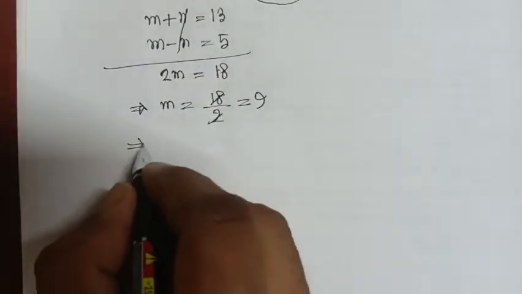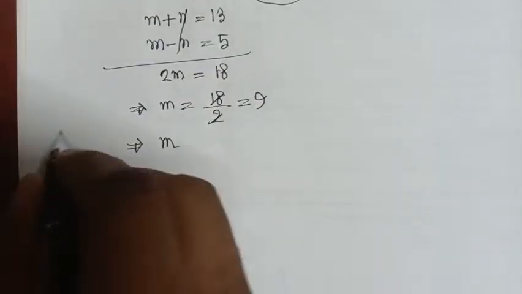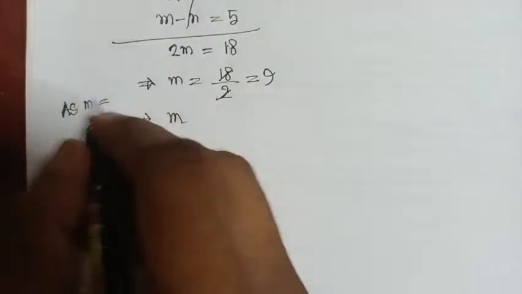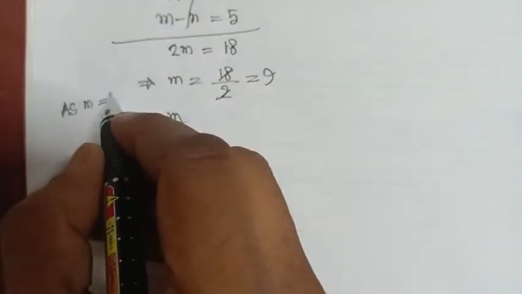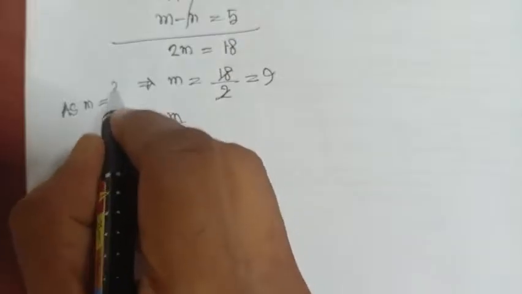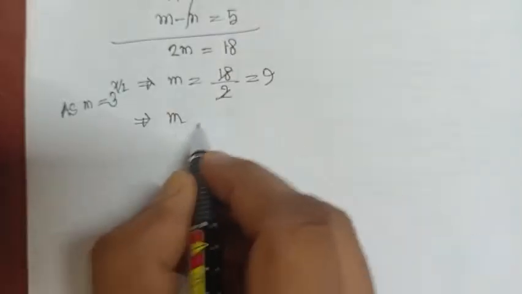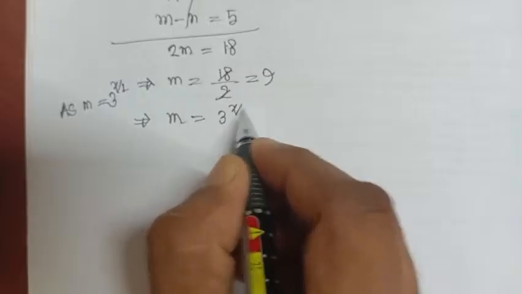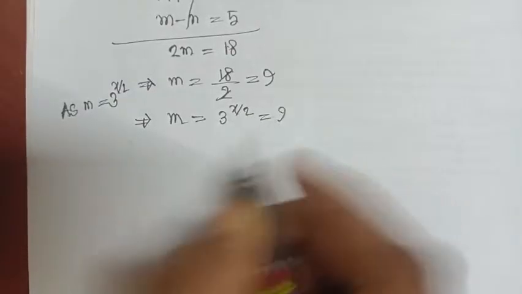Now we put the value of m, m equals 3 to the power x by 2. So m equals 3 to the power x by 2 equals 9.